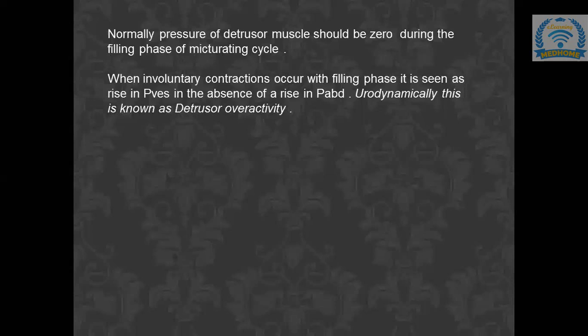Or 500 to 600, because some of the books say 500 to 600. Detrusor pressure during filling should be no more than 15 centimeter of water, and during voiding the detrusor pressure should be no more than 70 centimeter of water. Yes.